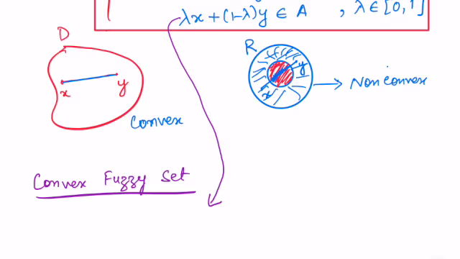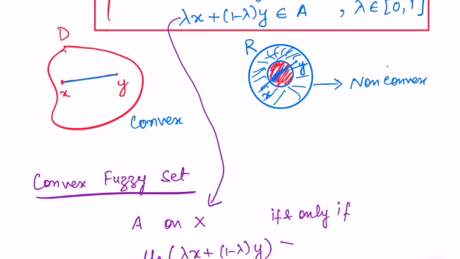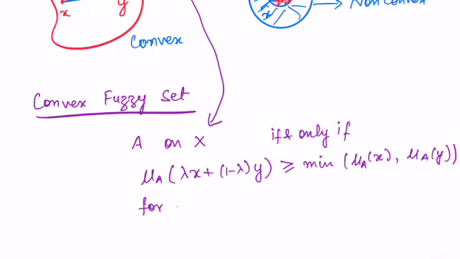In fuzzy, a fuzzy set A on X is said to be convex if and only if the membership grade of this linear combination, lambda x plus 1 minus lambda y, is greater than or equal to the minimum of the membership grades of X and Y. This should be true for all X and Y in the universal set and for all lambda in the closed interval 0, 1. So this is the formal definition.